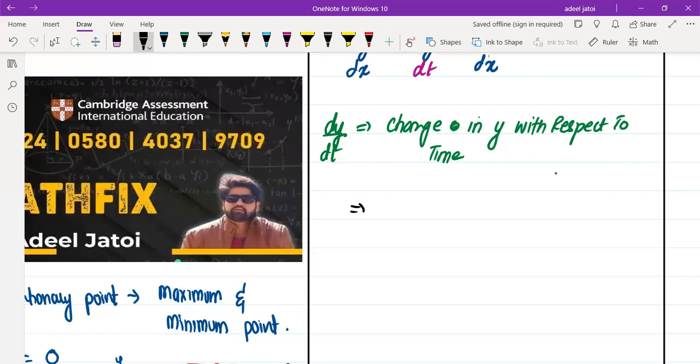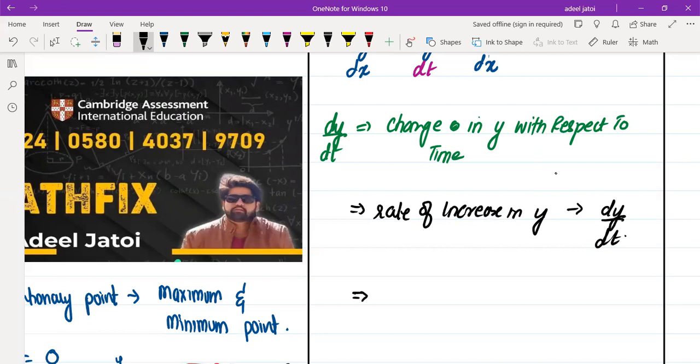So as I said, if the question says rate of increase in y, that means dy upon dt.